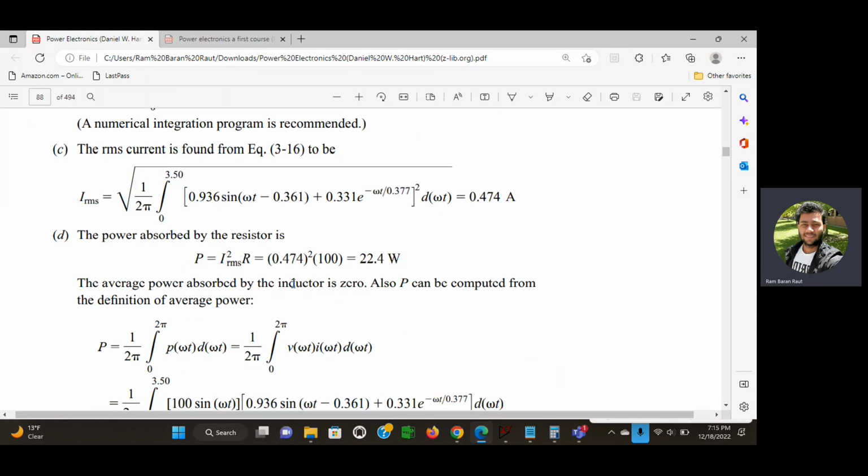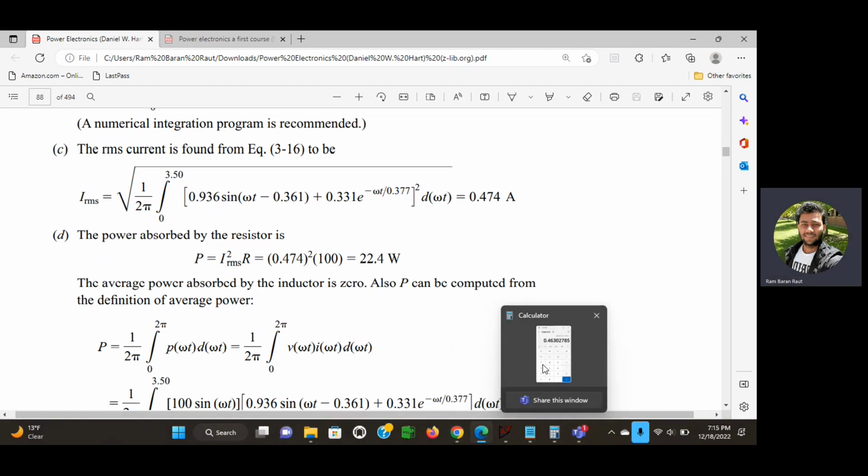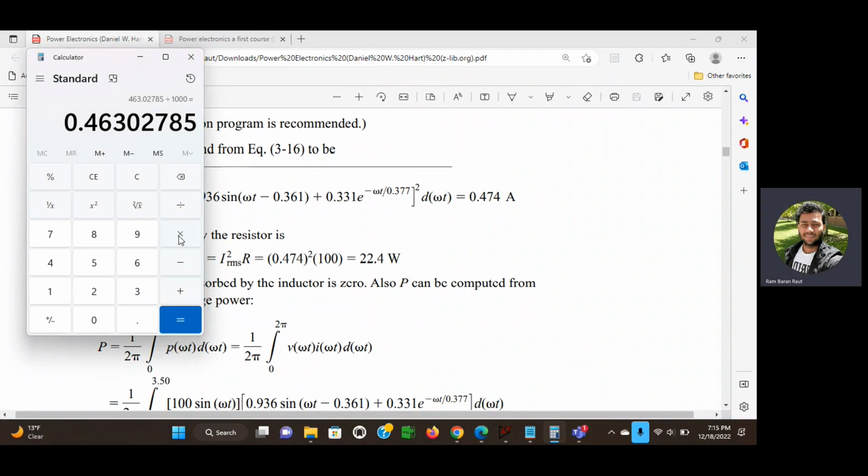Now we are going to find the powers. The average power is nothing but the square of the IRMS current multiplied by R. So we are going to use the calculator. We have 0.462.